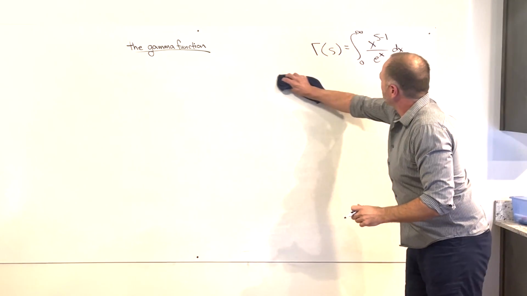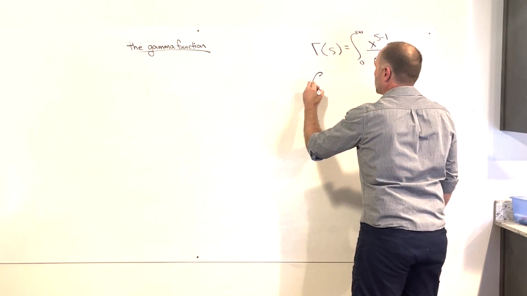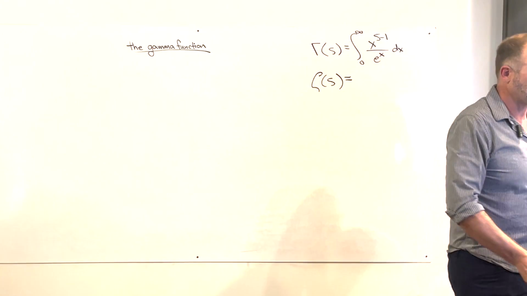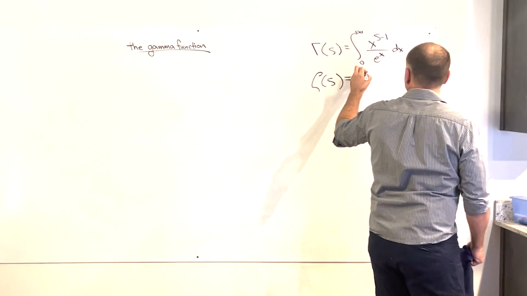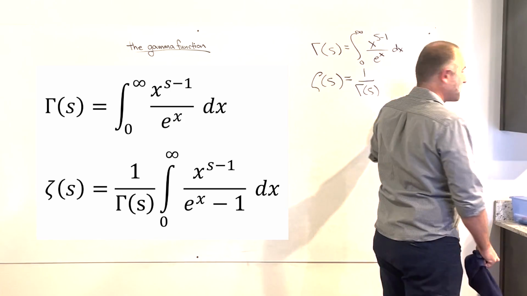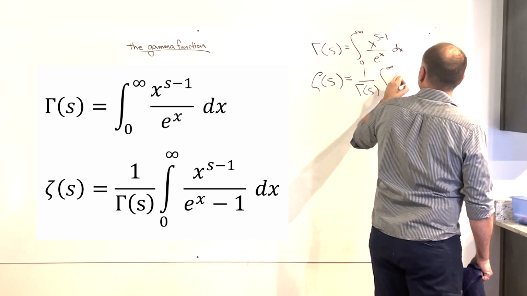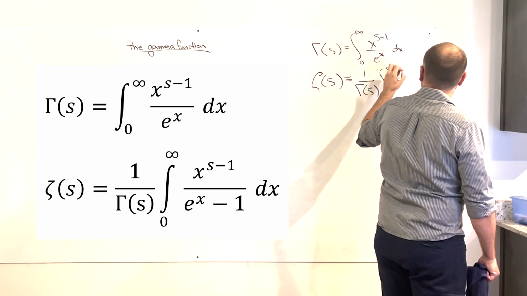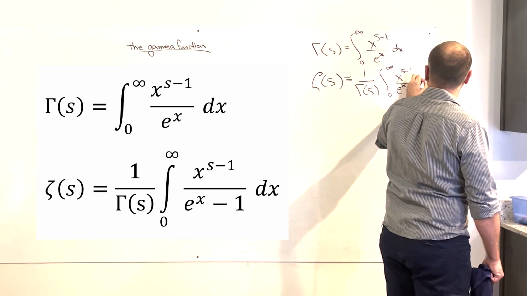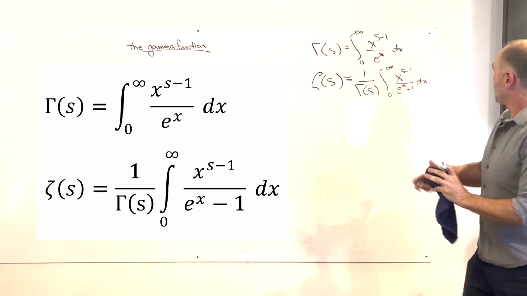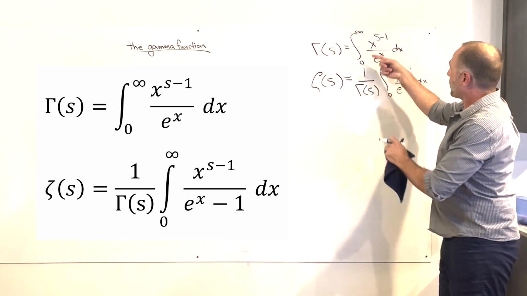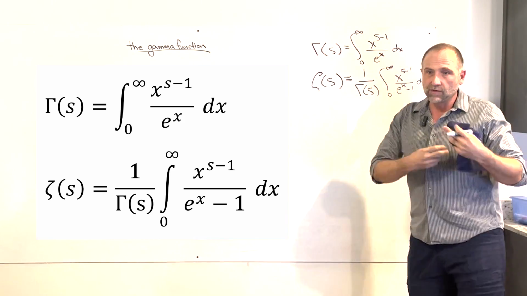And the super famous zeta function can also be written in terms of the gamma function: 1 over gamma of s times the integral from 0 to infinity of x to the s minus 1 over e to the x minus 1. Other than this minus 1, this would be 1 over the gamma function times the gamma function, which equals 1.